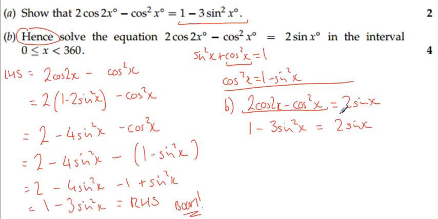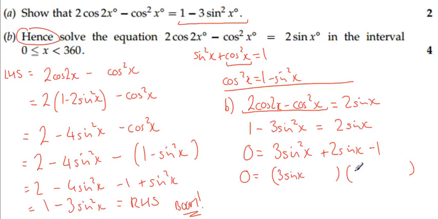Now you have a trig equation, but you also have a quadratic equation because you've got a squared term in there. So I'm going to get everything to the right hand side so that I can factorize it. So it'll end up being 3 sine squared x plus 2 sine x minus 1 is equal to 0. Okay, so no common factor, so it's going to be a trinomial. 3 sine x and sine x.